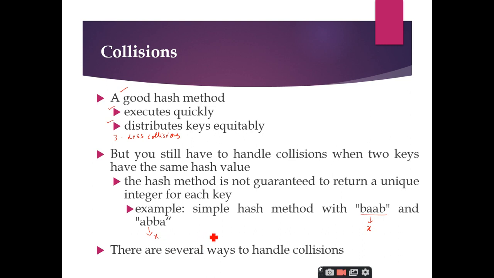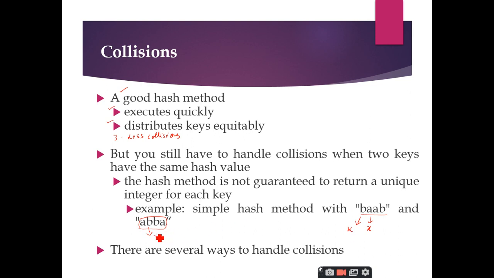Whenever a collision occurs, you should have a technique so that the collided string is stored in some other location, right? You should not neglect the other string. For example, as a first step, I got BAAB. I have calculated and assumed that the key generated is K, and after that I got another string ABBA.